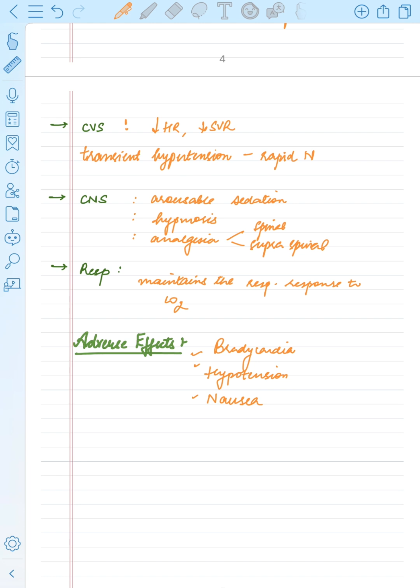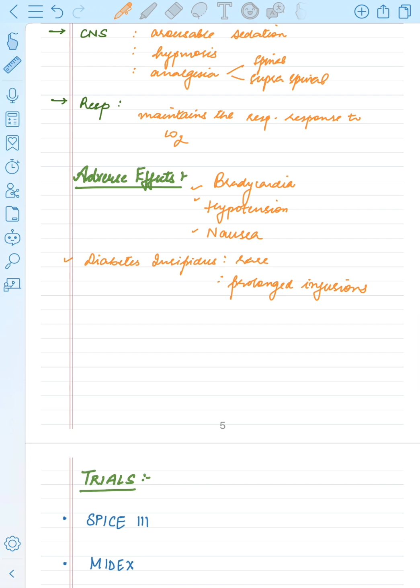Also, in some rare cases, dexmedetomidine can cause diabetes insipidus. This is rare and usually occurs after prolonged infusions.